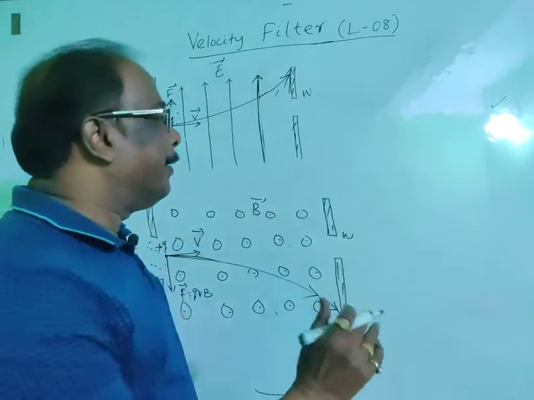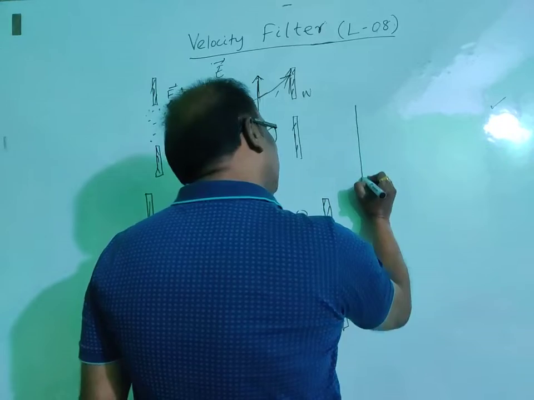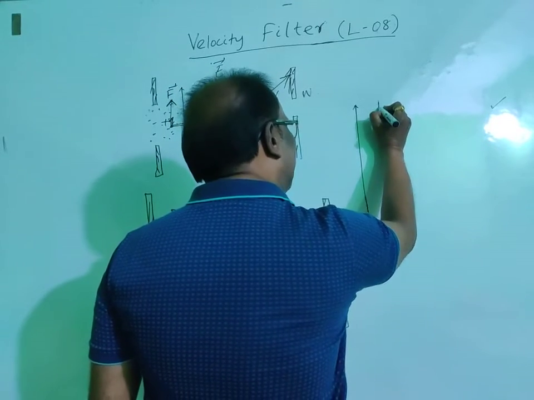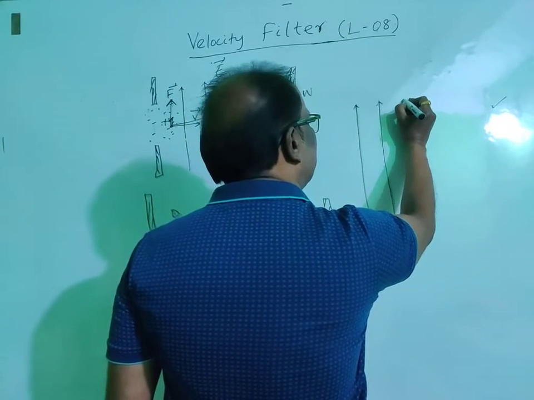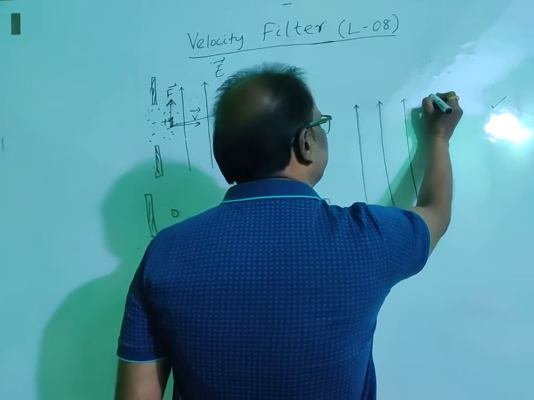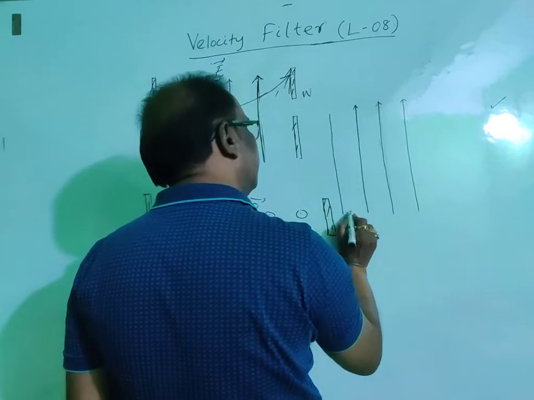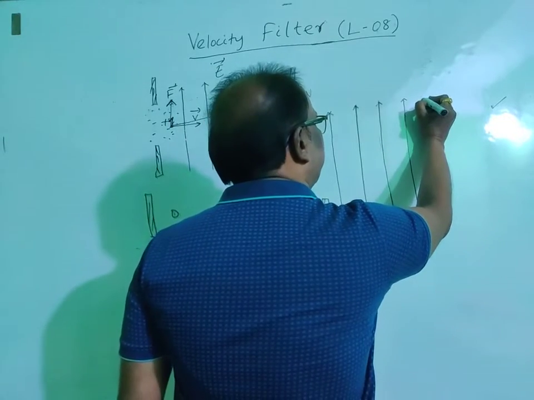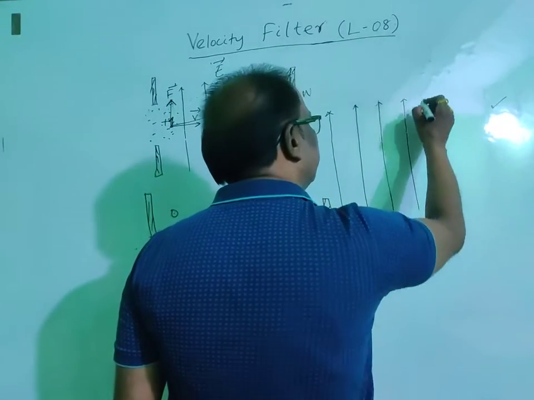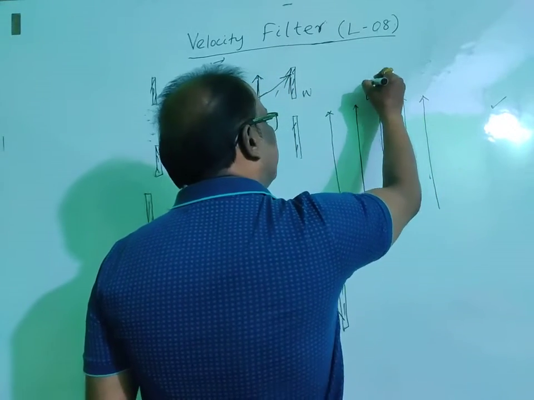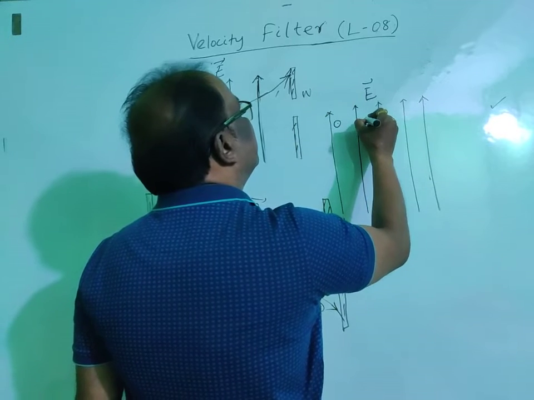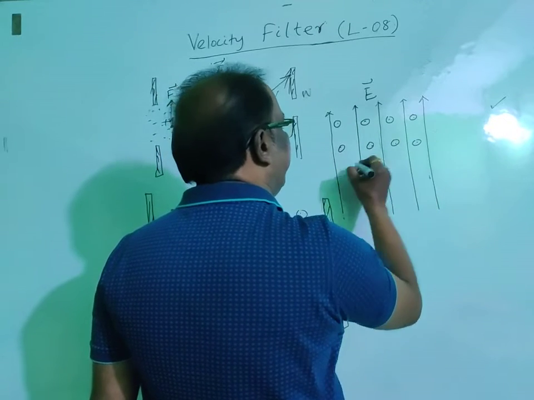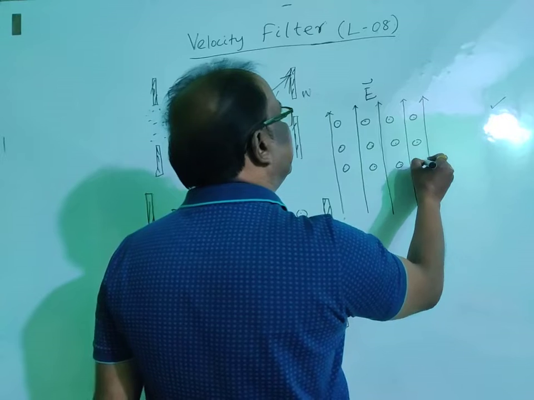I am representing first the electric field, directed upward. This is the direction of the electric field, and in the same space there is a uniform magnetic field in the outward direction.